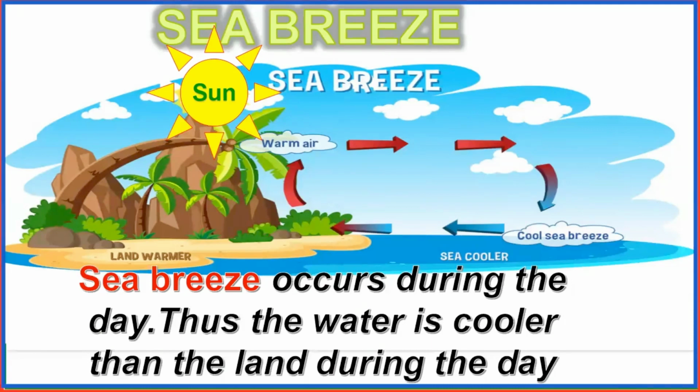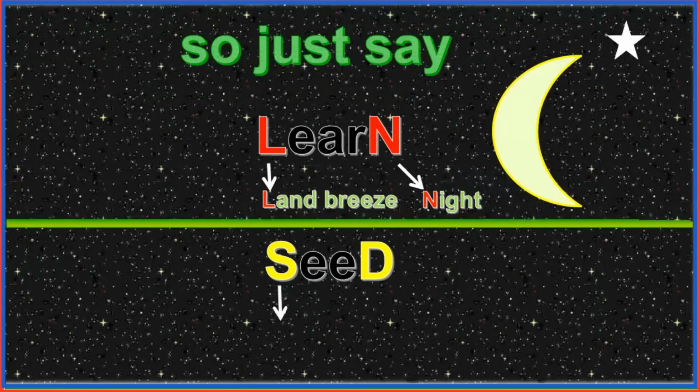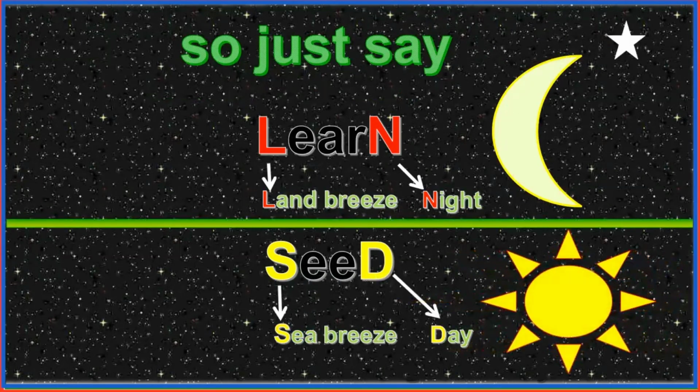So the sea is cooler and the land is warmer. Thus the water is cooler than the land during the day. Now, if you get lost, just say land seed. L, land breeze. N, night. Land breeze occurs at night and the sea breeze occurs during the day.